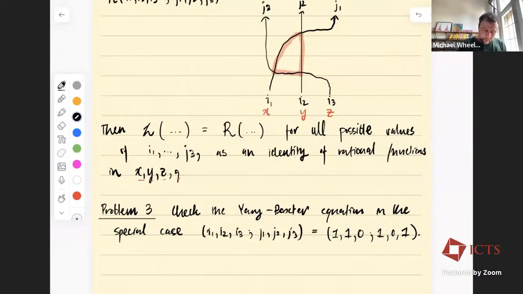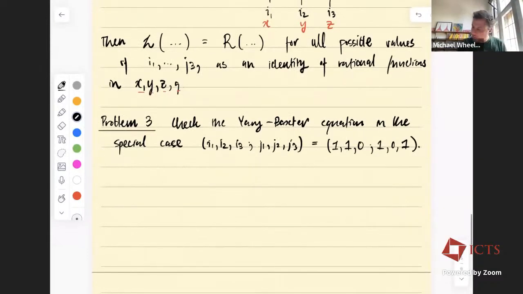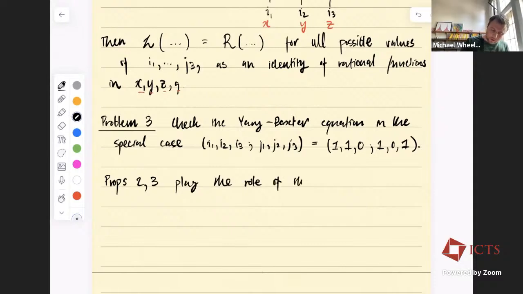Okay, so I just want to make a remark here. I kind of hinted at it before. So propositions 2 and 3 play the role of the Reidemeister moves 2 and 3 in knot theory.